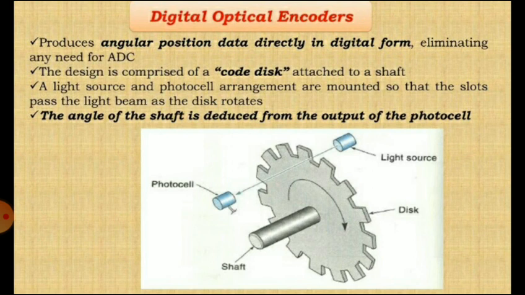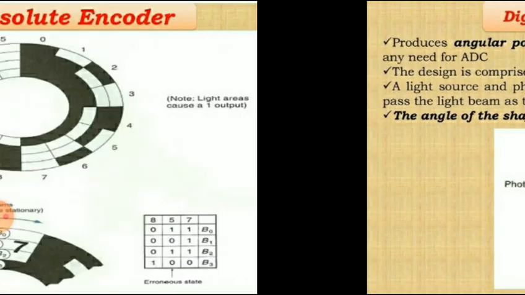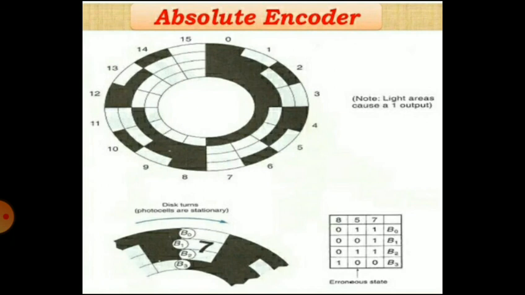The angle of the shaft is deduced from the output of the photocell. So this is an absolute encoder.